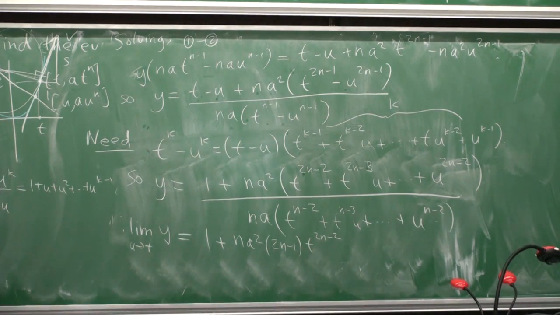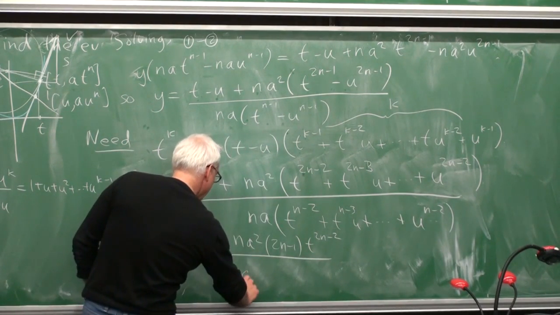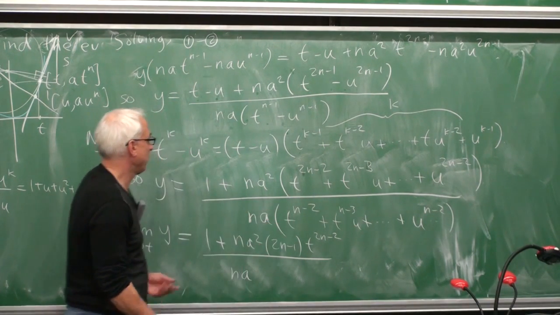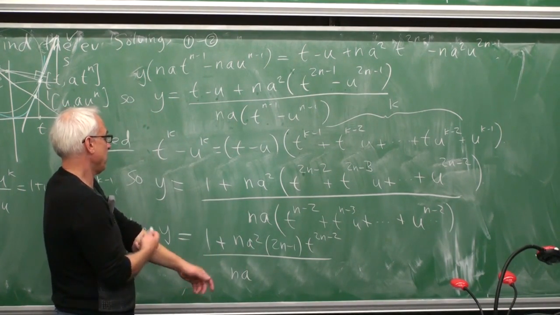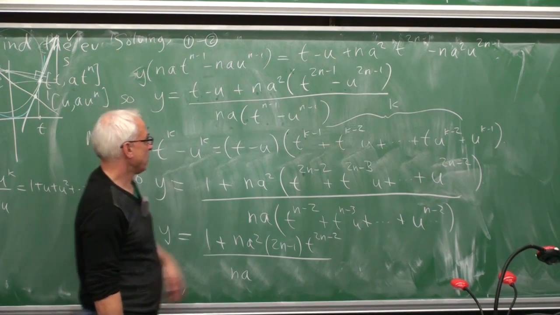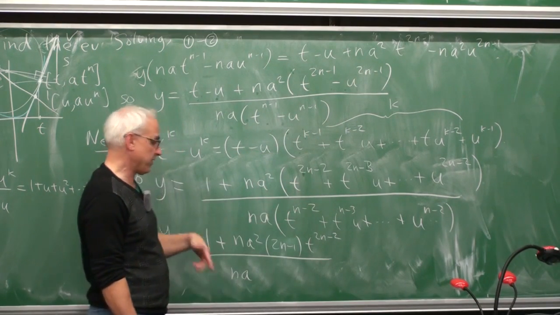It's in the numerator. And the denominator is a similar kind of story. n times a. How many terms do we have here? We have to take this first thing and add 1. So there's n minus 2 here, so we have to add 1 to that.